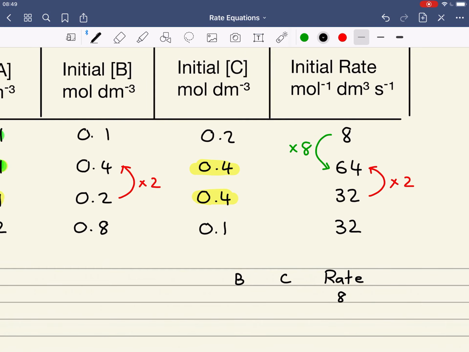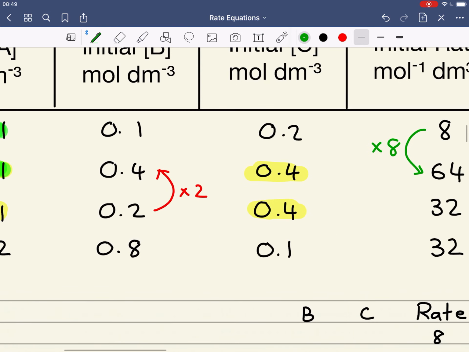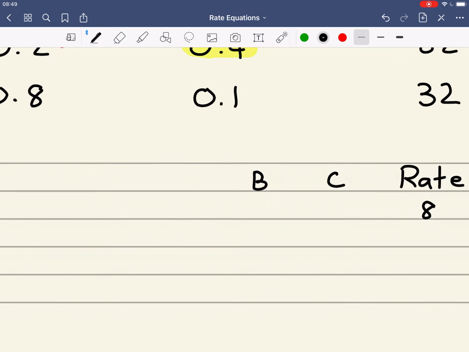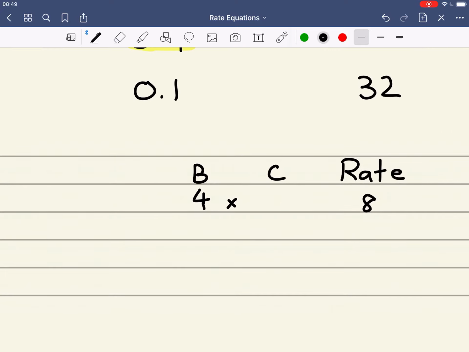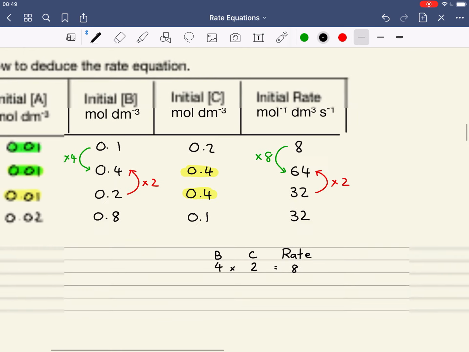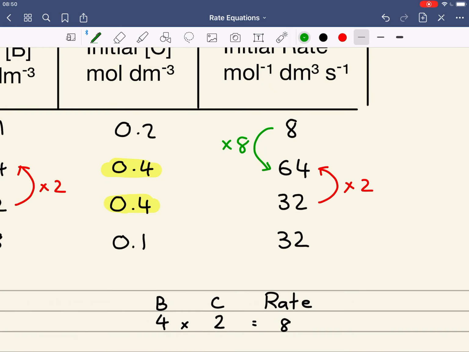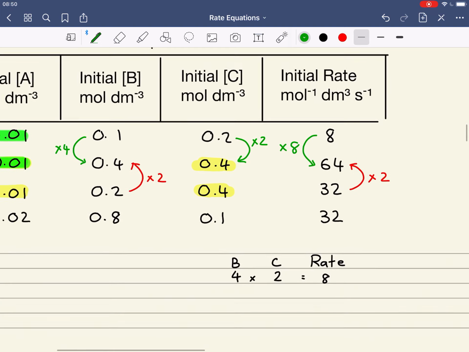And we know that it's first order with respect to B, and we've increased the concentration of B by a factor of 4. And because it's first order with respect to B, it must have made the rate increase by a factor of 4. So whatever you've done to the concentration of C has caused the rate to increase by a factor of 2. And you can see that you've increased the concentration of C by a factor of 2, so it must be first order with C.